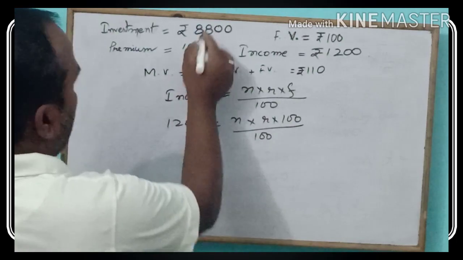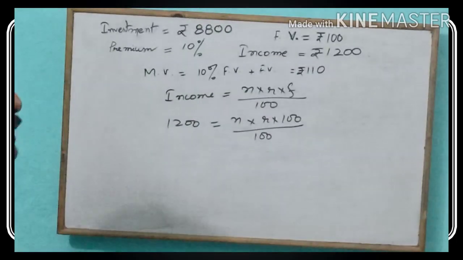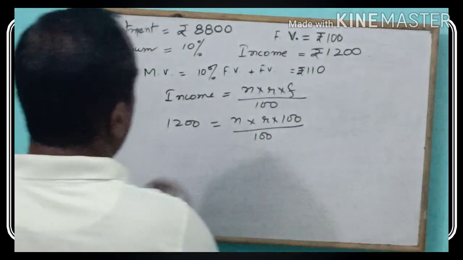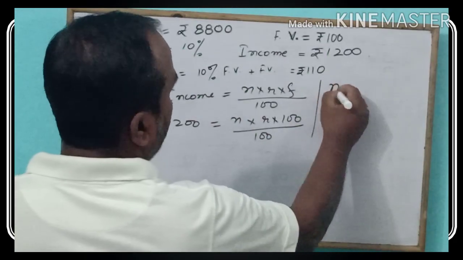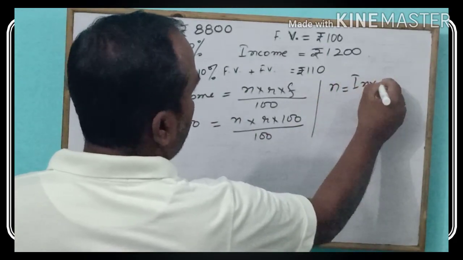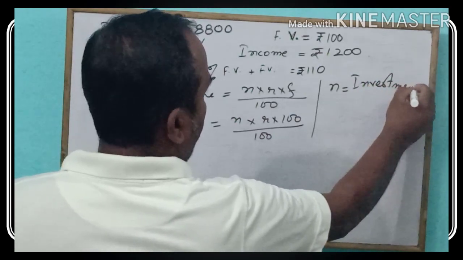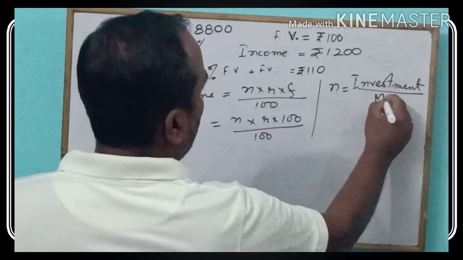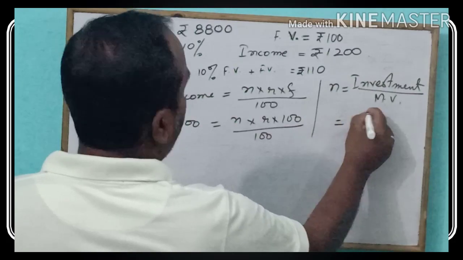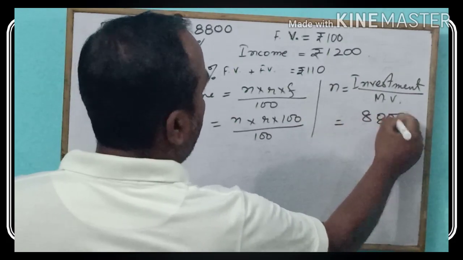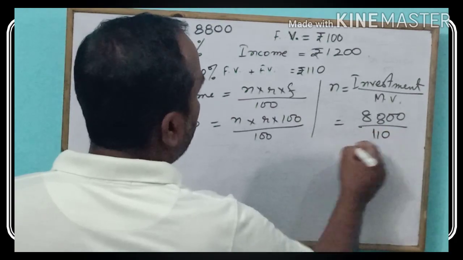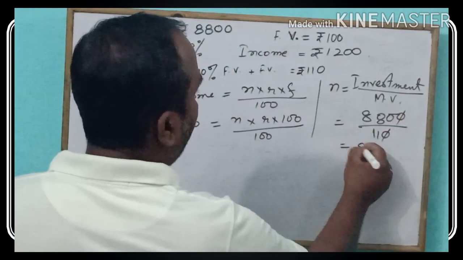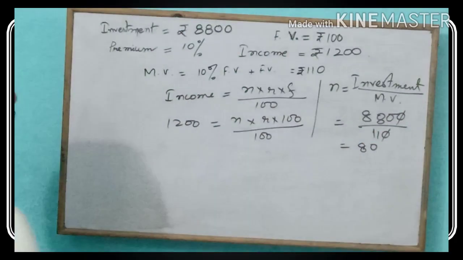N we can calculate by investment by market value, that is 8,800 by 110, so 80 is the number of shares.